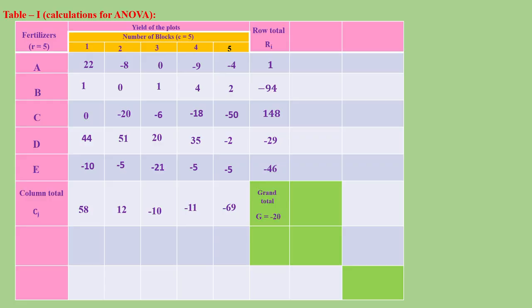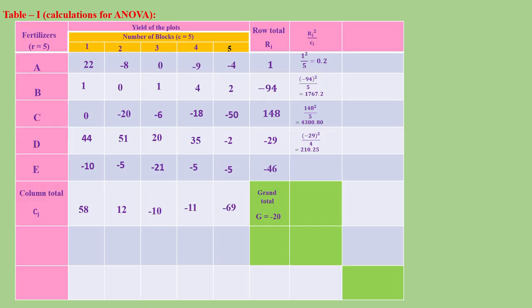Then you have to find Ri square by Ci. First R1 square by C1, that is 0.2. Then R2 square by C2, 1767.2. Then R3 square by C3, that is 5, 4380.80. Then R4 square by C4, that is 5, right?